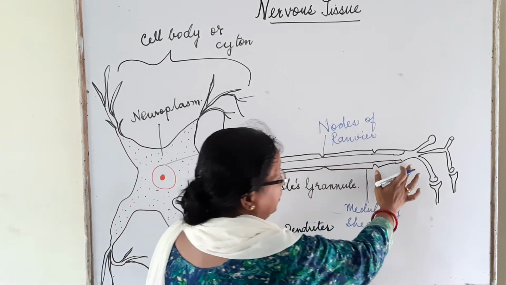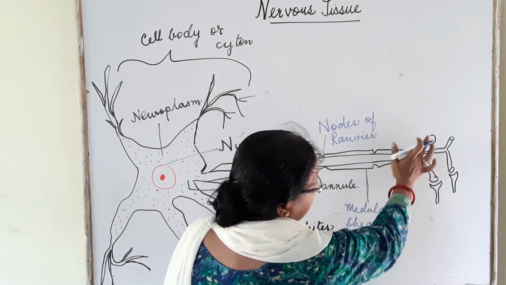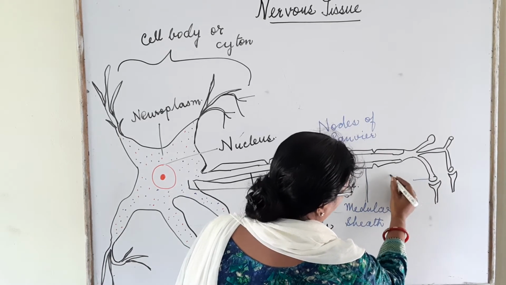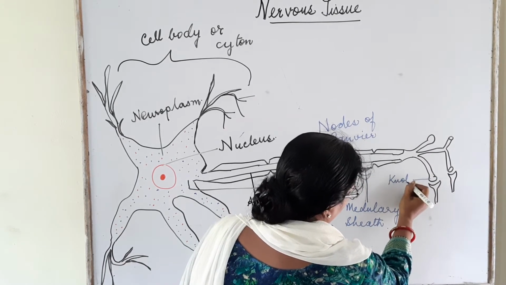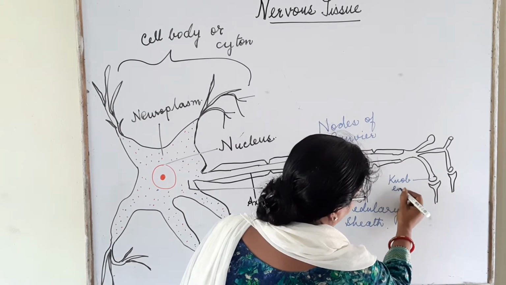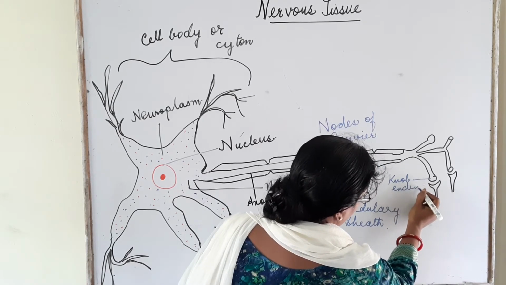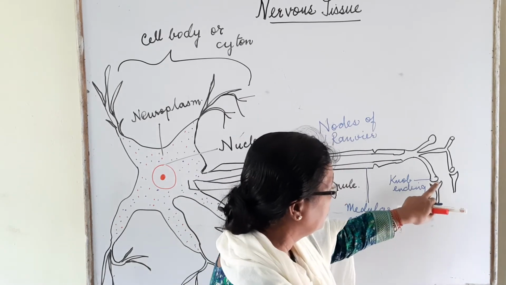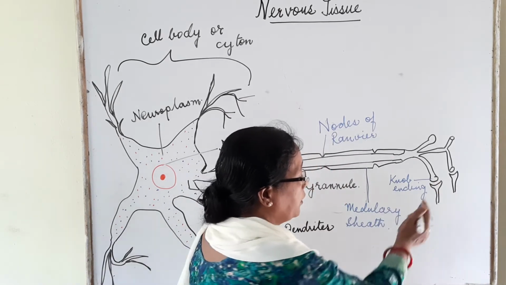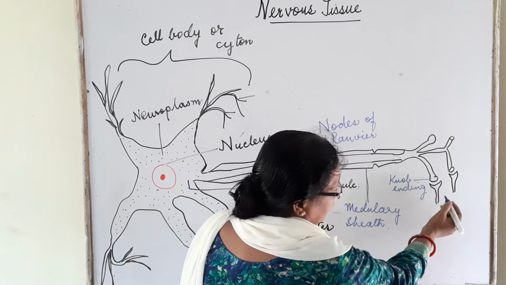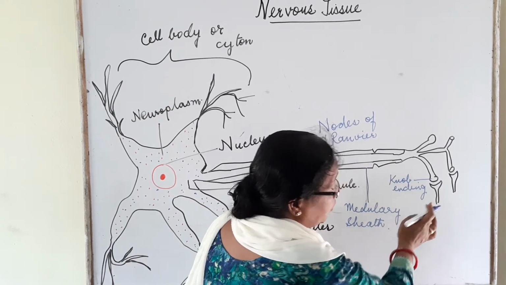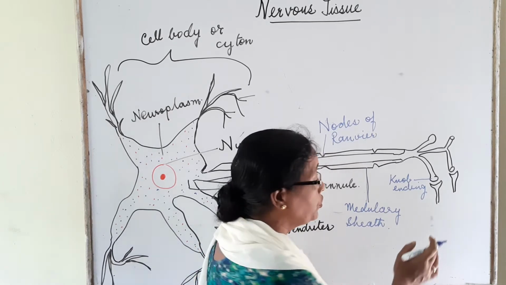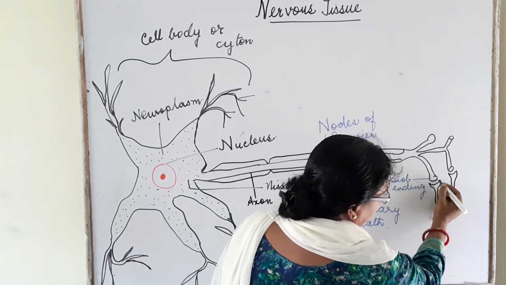Now you see the ending of the axon. These are knob-like structures which is known as the knob ending. A gap is present, which joins other nerves. A different neuron will join it.